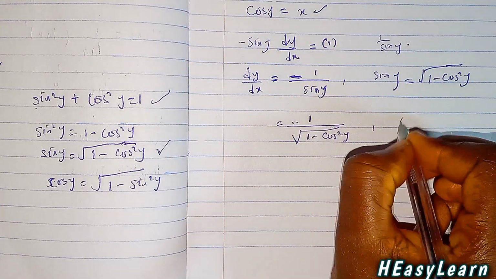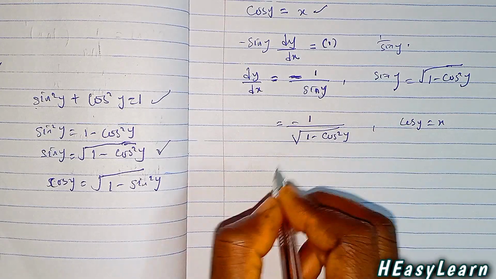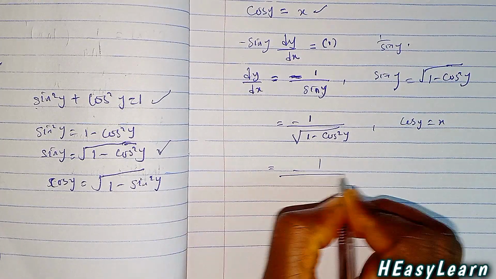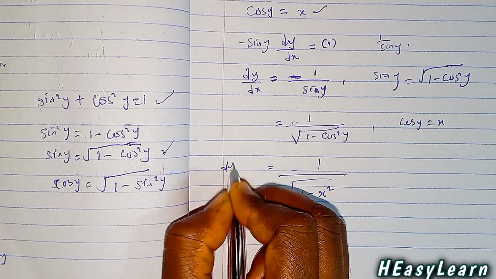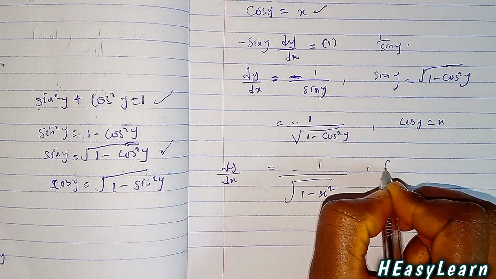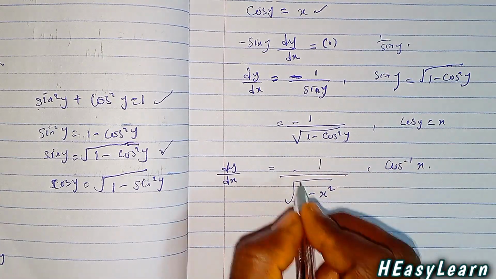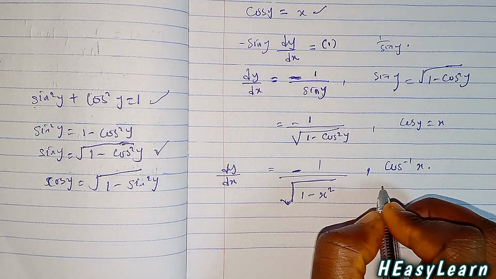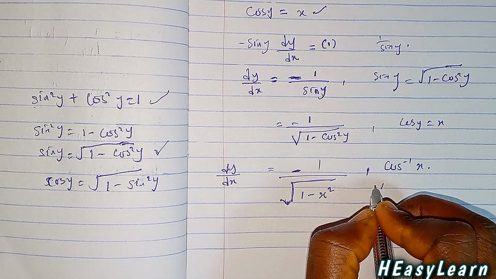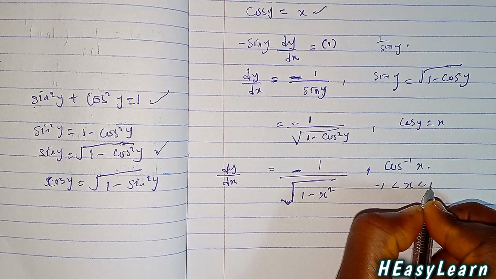Cos y equals x. This is the same thing as minus 1 over the square root of 1 minus x squared. So the derivative of cos inverse of x is minus 1 over the square root of 1 minus x squared, where minus 1 is less than x less than 1.